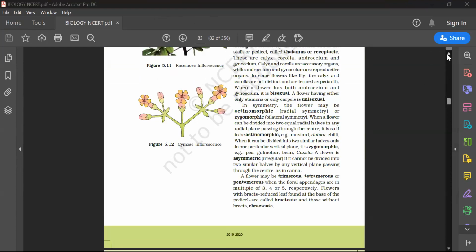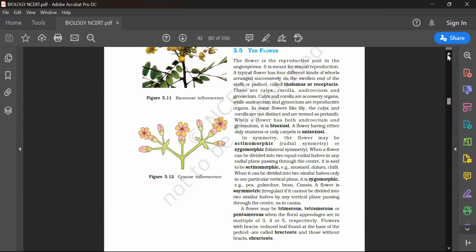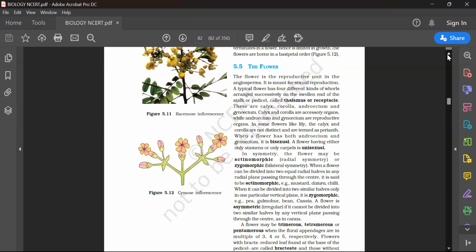Okay, so we need to start reading from the flower. Go through your textbooks. The flower is a reproductive unit in angiosperms. It is meant for sexual reproduction. A typical flower has 4 different kinds of whorls arranged successively on a swollen end of the stalk called the pedicel.